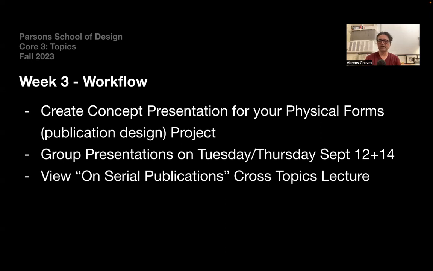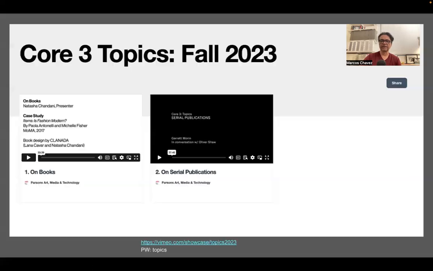And then the other thing we have to do that's part of the layers of our class here is to continue with our cross-topic lecture series and to view the next video, which has been posted on the same Vimeo site called On Serial Publications, and to view that and be ready for a discussion. Here's a screenshot of the updated Vimeo page with the number 2 video here in the middle.